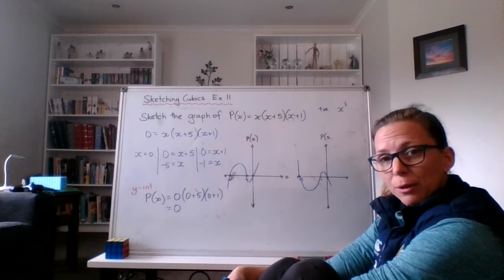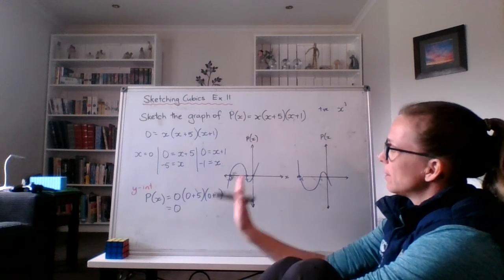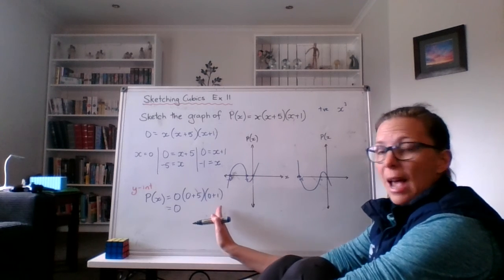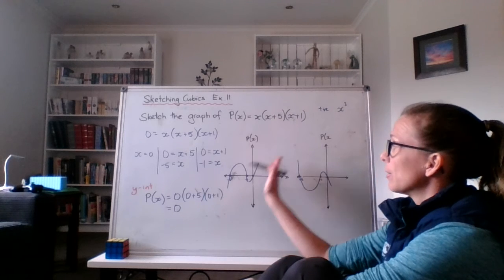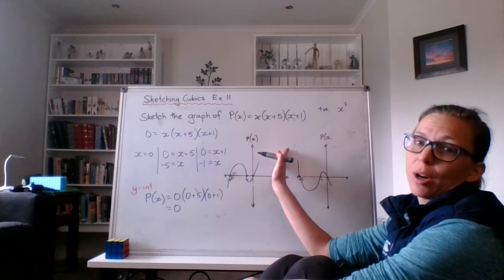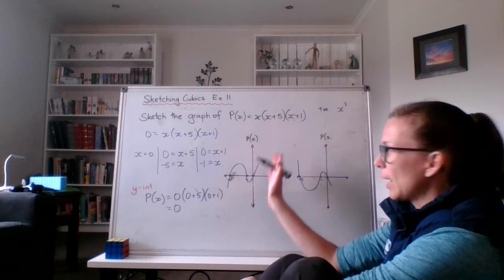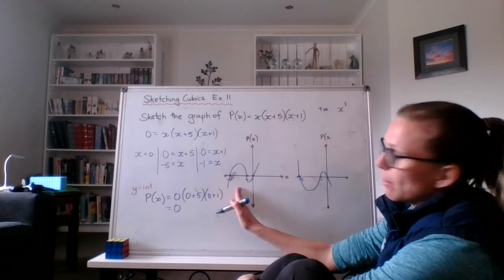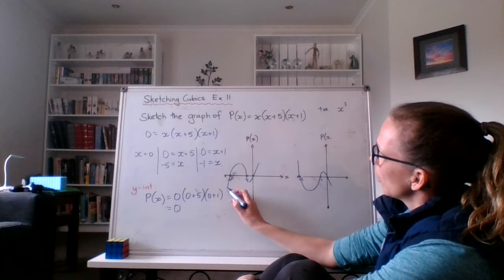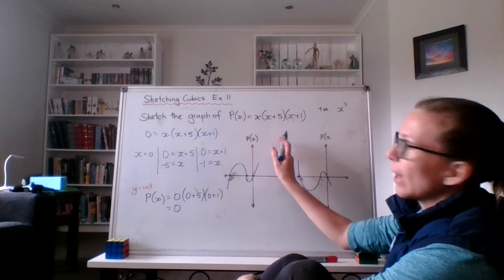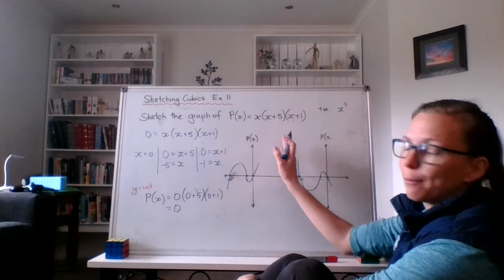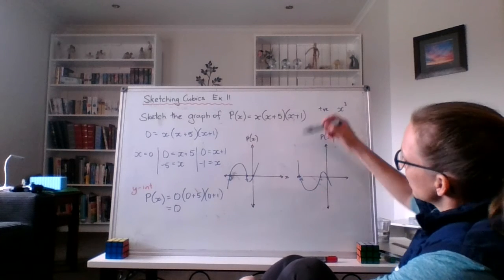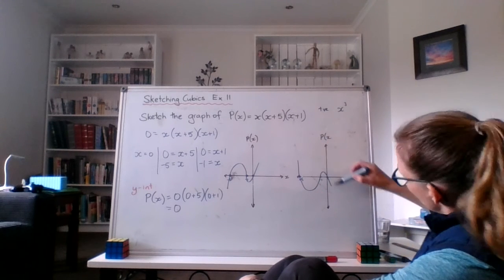Now, if it's a positive cubic, what that means is it starts down the bottom, and as we move left to right, it goes up, just like a positive gradient with a linear equation. Okay, so that means that this one must be correct, because I start down here on the left and eventually I get up on the right by the end of the graph. This one wouldn't work because here I start on the left, but eventually it goes down.